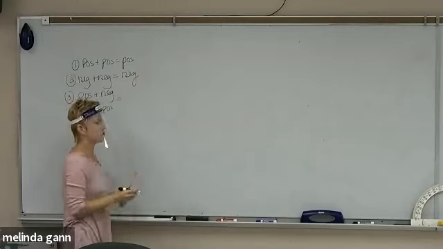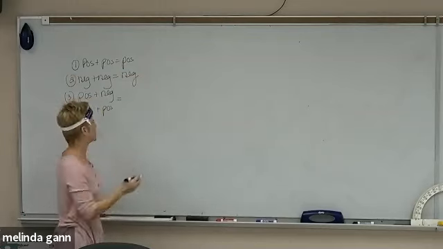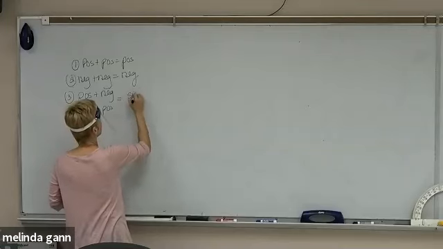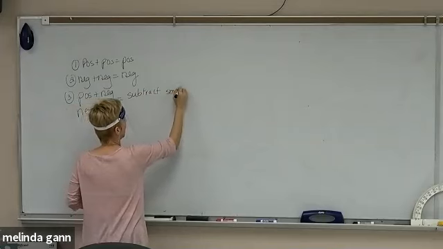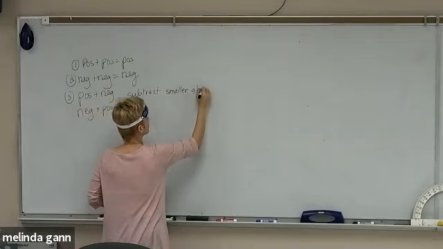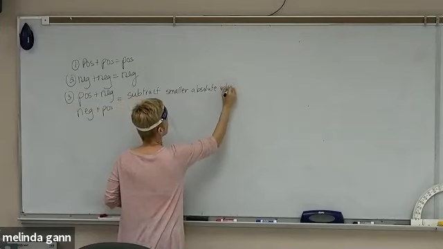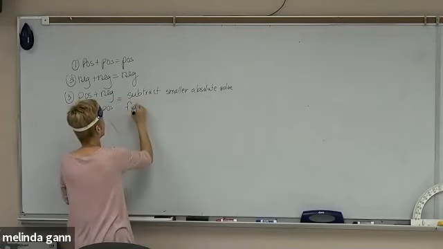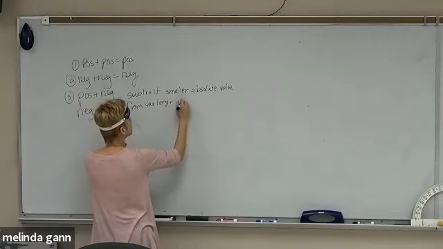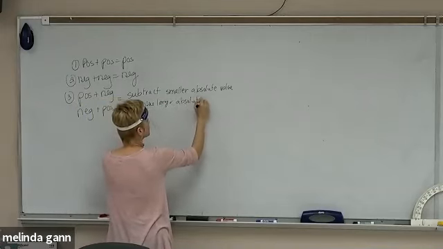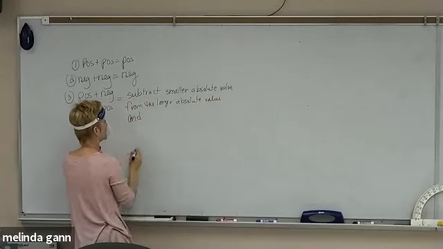So that's where you subtract the smaller absolute value from the larger absolute value. And you take the sign of the number with the larger absolute value.